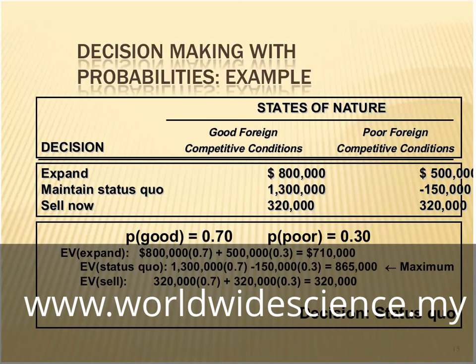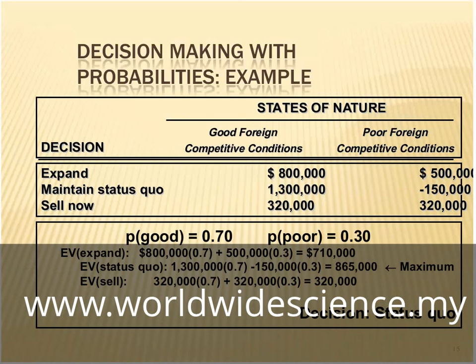Expected value for the selling decision is 320,000 multiplied by 0.7 plus 320,000 multiplied by 0.3, which equals 320,000. So among these three results, the maximum number is 865,000.